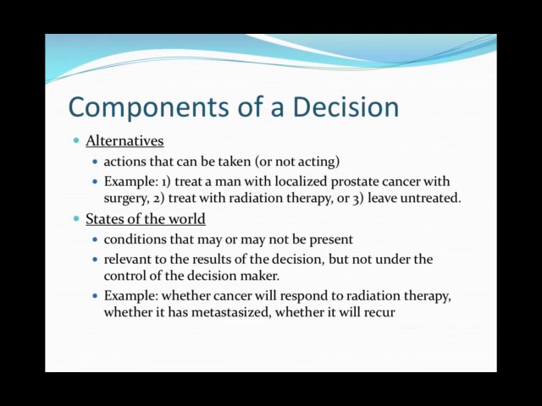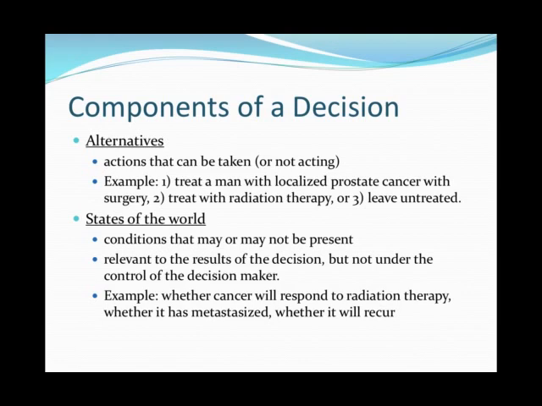If someone has cancer, I don't know for certain if it will respond to radiation therapy. I don't know whether it has already metastasized. I don't know whether the cancer will recur, or come back, after the person gets radiation.